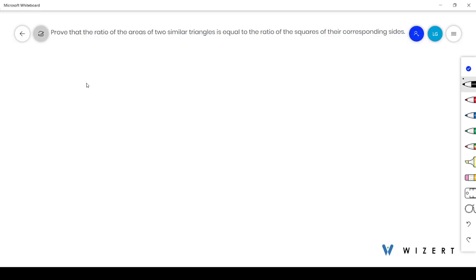Our question is, prove that the ratio of the areas of two similar triangles is equal to the ratio of the squares of their corresponding sides.